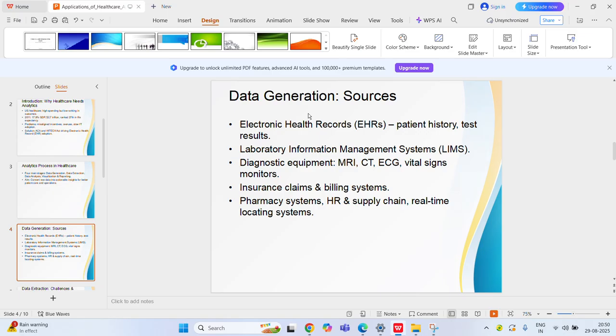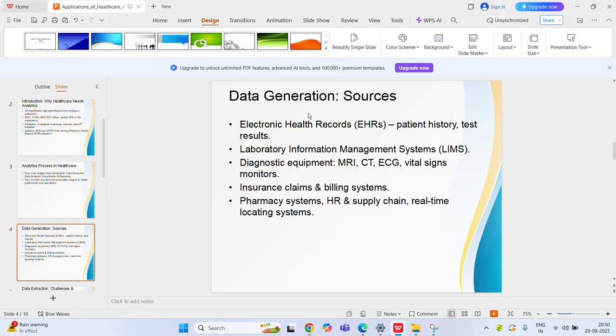Now the next is diagnostic equipment like MRI, CT, ECG, and vital sign monitors, right? So these are instruments which are used for data generation. Some instruments will simply generate a text report that is transmitted to the EHR.